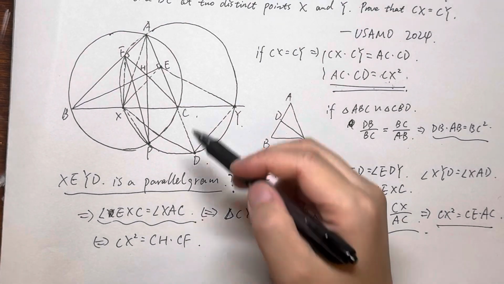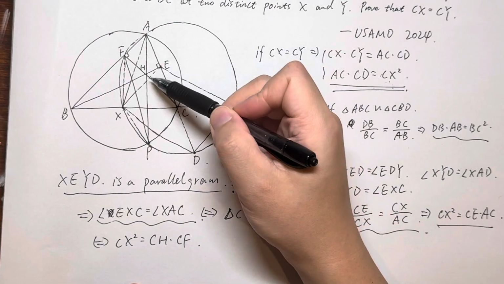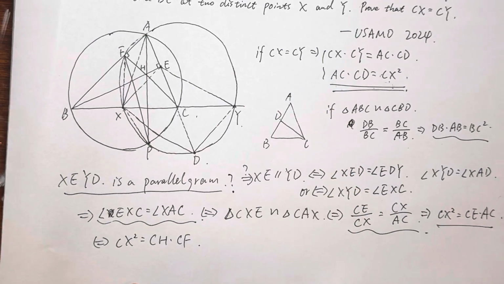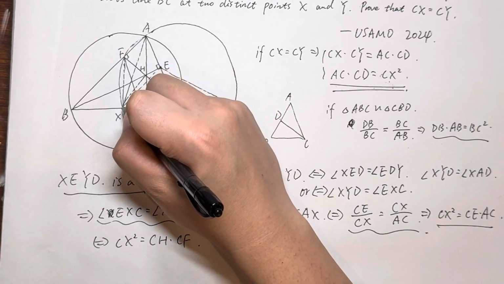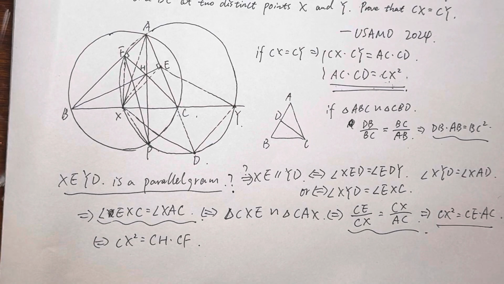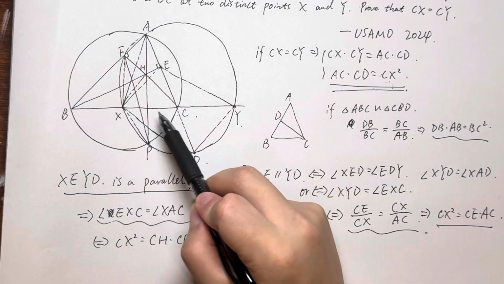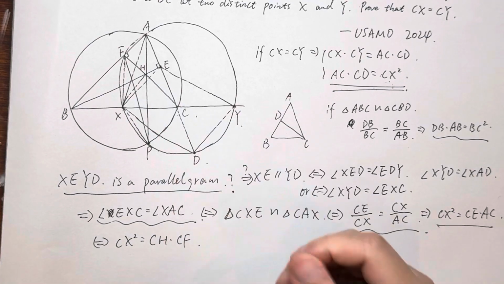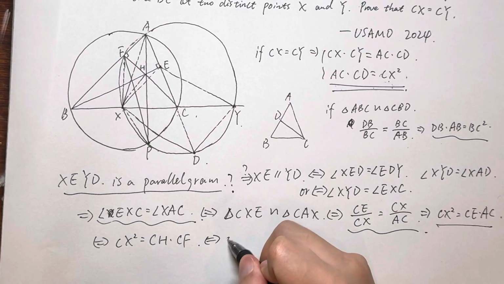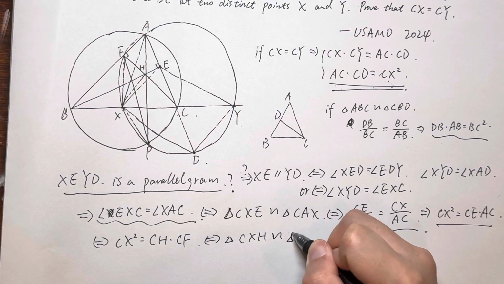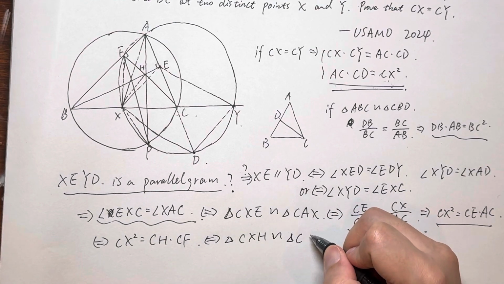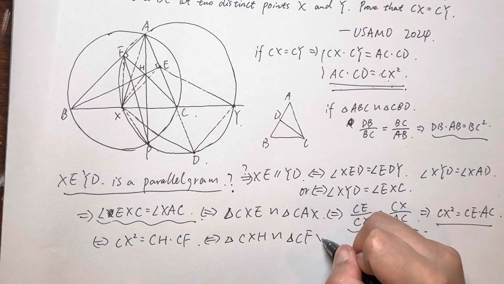Right, we just need to prove CX squared equals CH times CF, which means if I connect XH, we just need to prove that triangle CXH is similar to triangle CFX.